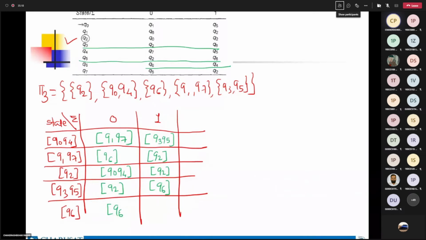Q6 and Q4 is with Q0. Q0, Q4. In this way, we have to prepare this minimum state automata.